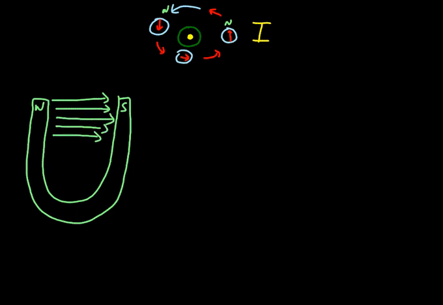Now let's get your spatial reasoning going, but imagine that you're inside here, looking at this field. From your perspective, you're going to see all of these arrows of the field pointing towards you.